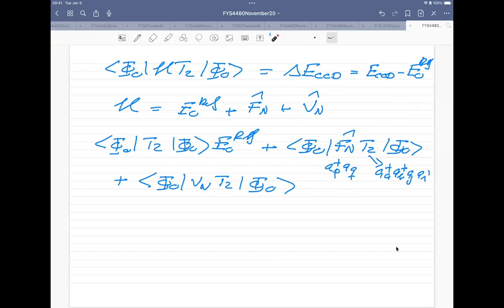So you can think of this in terms of the types of states you produce. When you look at this overlap, for this one to be different from 0, the action of these guys here has to give this one times some constants. In our case, this creates a two-particle, two-hole, and you can see that immediately if you do the contractions.